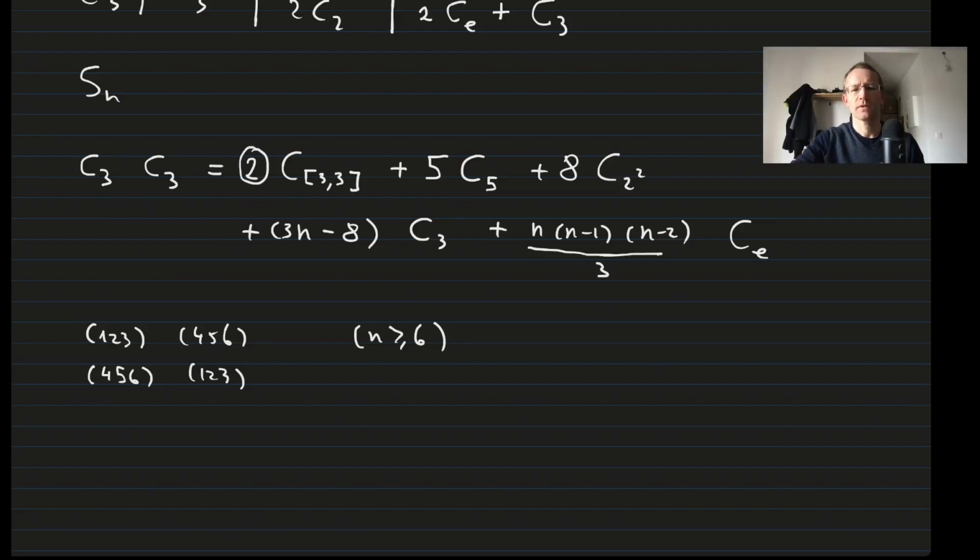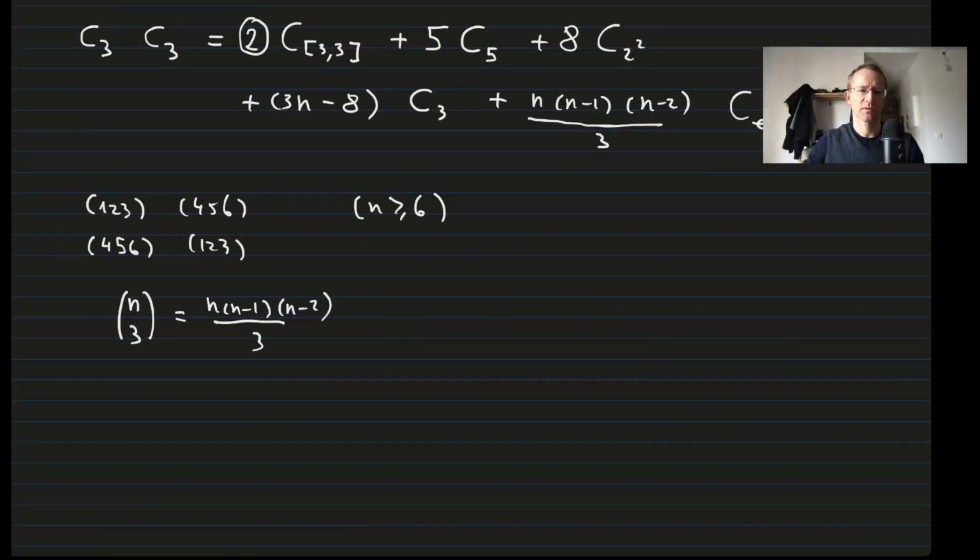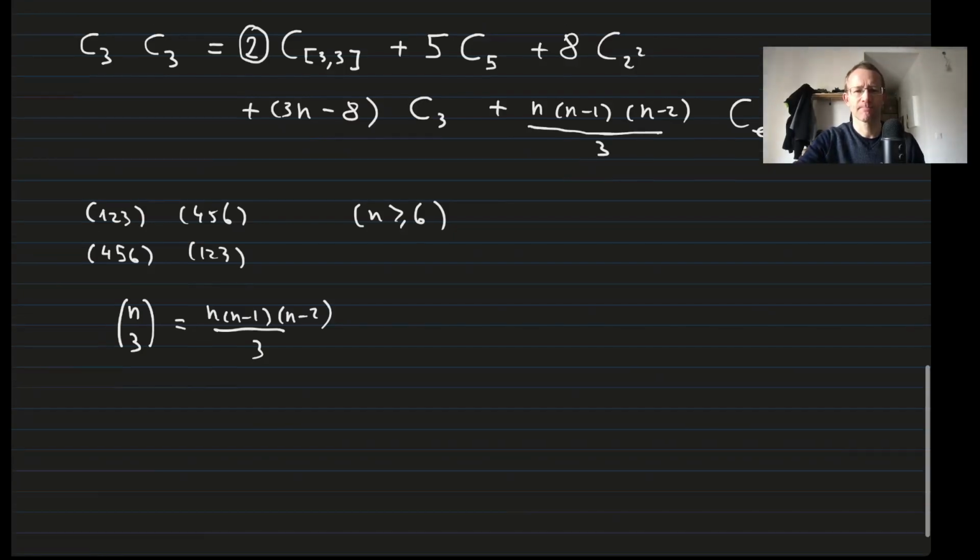The last coefficient, for instance, is gotten by realizing that we must pick 3 out of n elements, which gives us n times (n minus 1) times (n minus 2) over 3 as the possible permutations that give rise to the identity element.